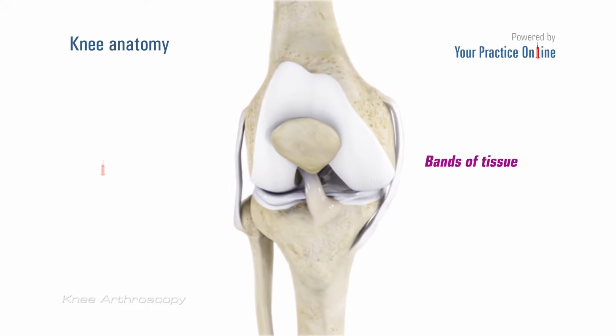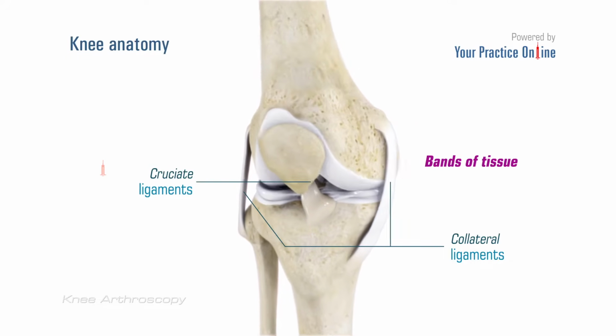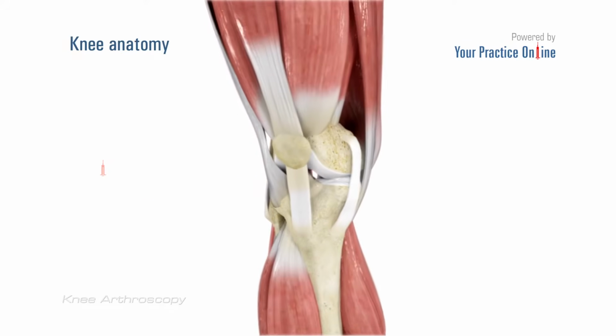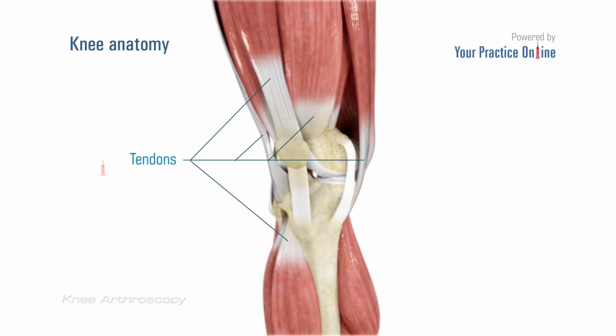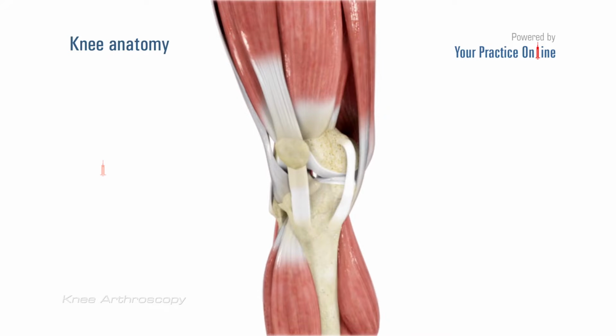Bands of tissue, including the cruciate and collateral ligaments, keep the different bones of the knee joint together and provide stabilization to the joint. Surrounding muscles are connected to the knee bones by tendons. The bones work together with the muscles and tendons to provide mobility to the knee joint.